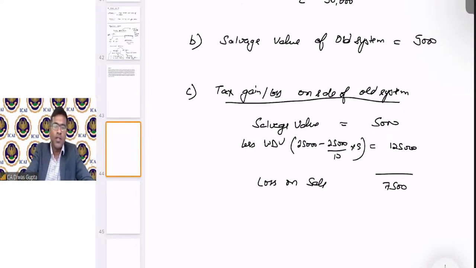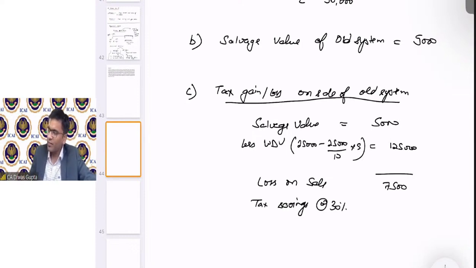So once we have the loss on sale here, just a second, students. Yes. Once we have the loss, tax savings will be 7,500 at the rate of 30%, into 30%.